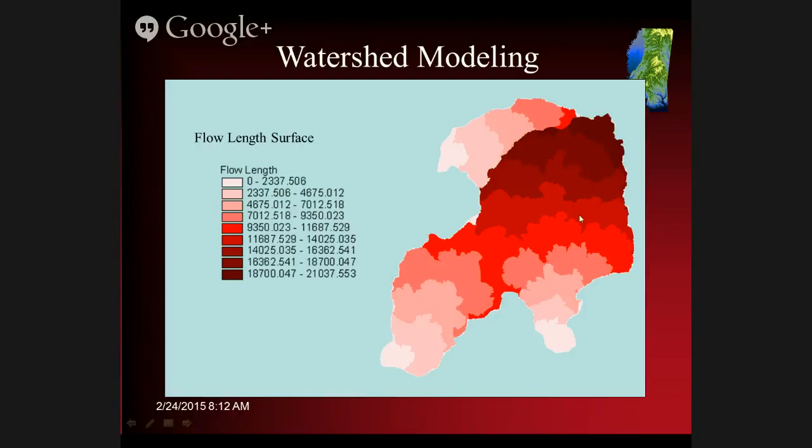Similarly, up here, traveling down along this grid. So every cell in this grid represents the length to travel back to the outlet point. That's flow length. So this is another variable that can be used to model how much water is going to reach a certain point at a certain time.